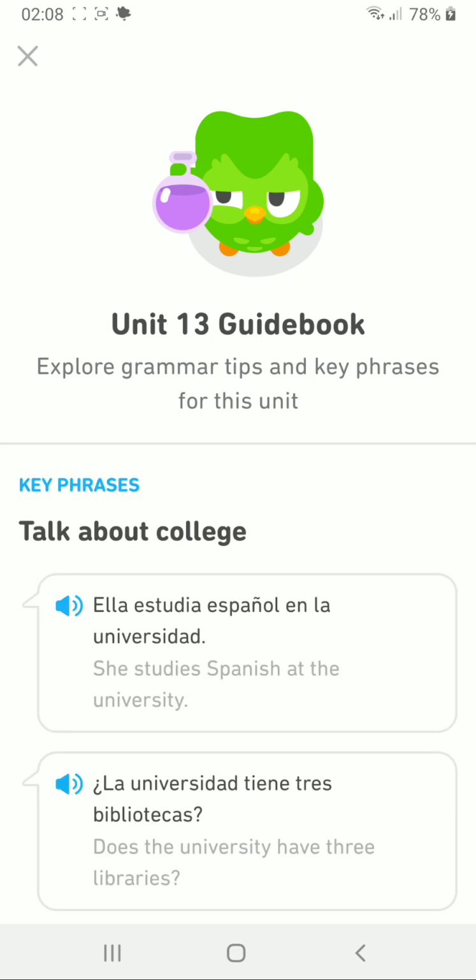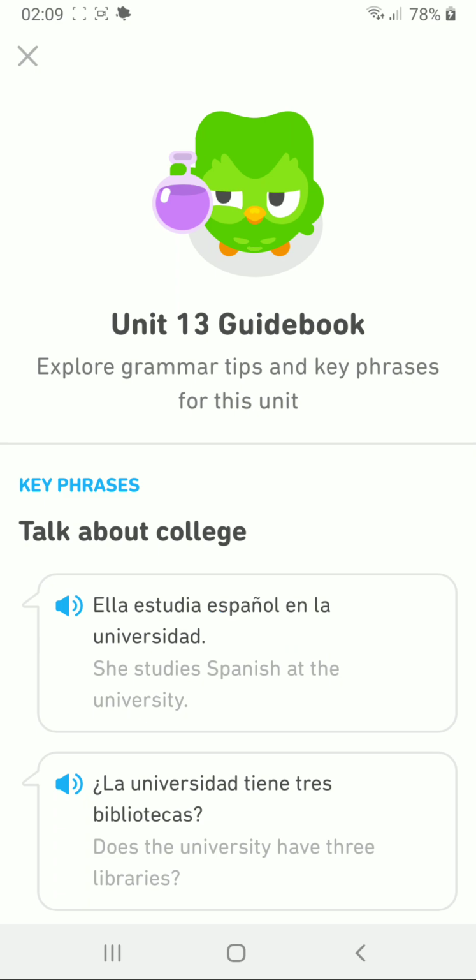Sorry. Ella estudia español en la universidad. En la universidad is at the university. So estudiar, we have seen this. Usted estudia francés. That was the first verb we've seen, the verb estudiar. Universidad is university.